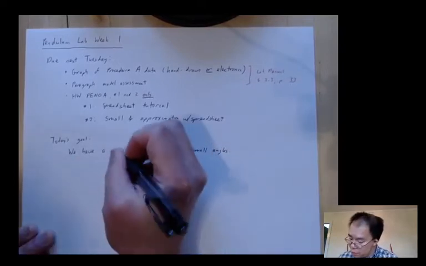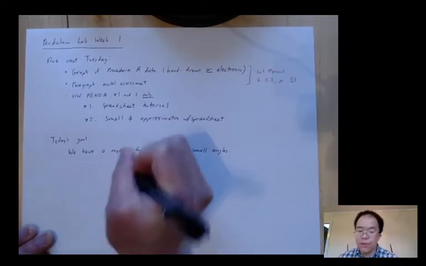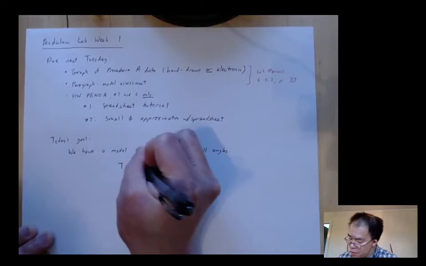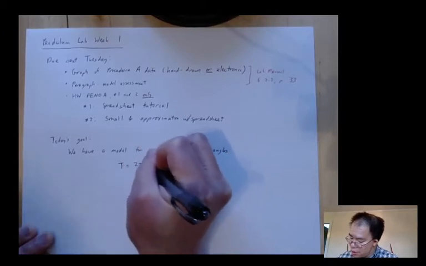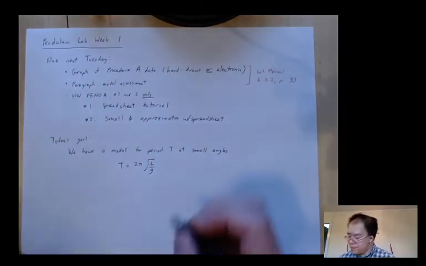Namely, we said that T equals 2 pi times the square root of L over g. So a few things to note here.